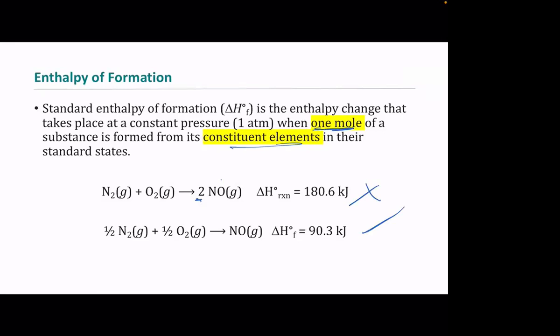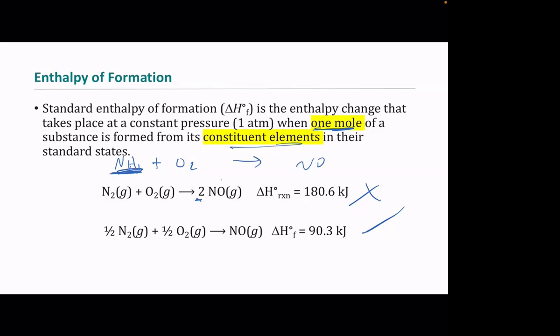If on the reactant side I have ammonia plus oxygen or something giving me NO, you get the idea. This can't be a formation reaction because that's not elemental nitrogen. It always has to be the elements.